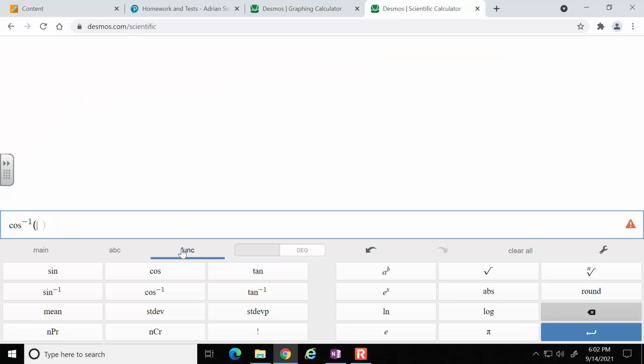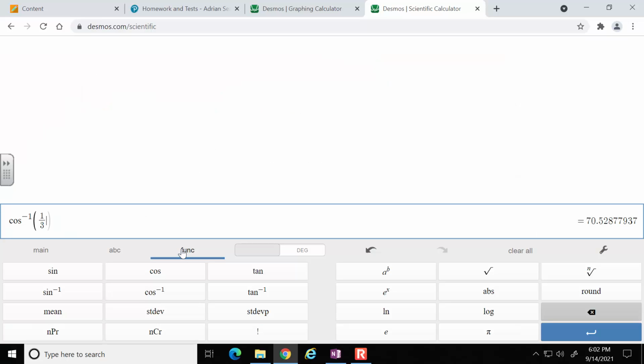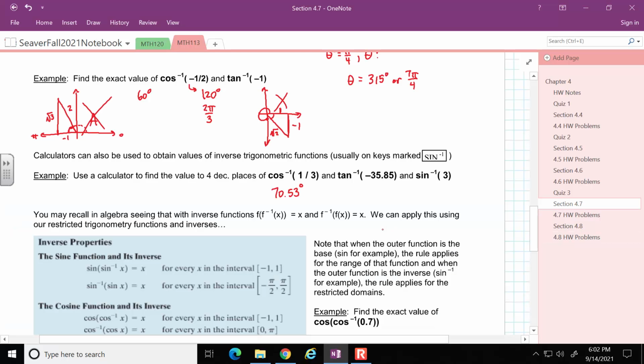I get 70.53 degrees, or 1.23 radians. It says up to 4 decimal places, so I'll do the 5288. I don't usually ask for that many decimal places, but just to point out.